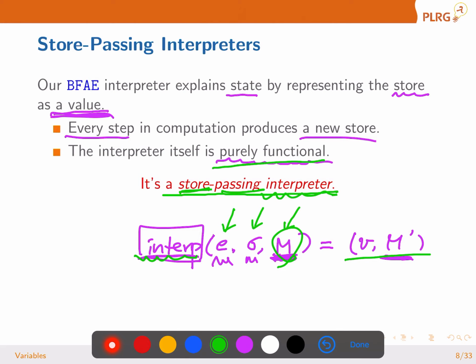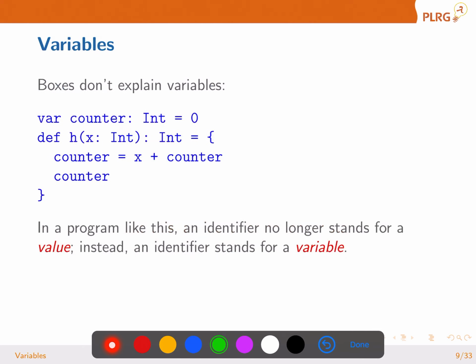Okay? Okay, so variables. I told you that in the language that we learned so far, BFAE, actually, this BFAE is not imperative enough, like something to be like a C programming language.